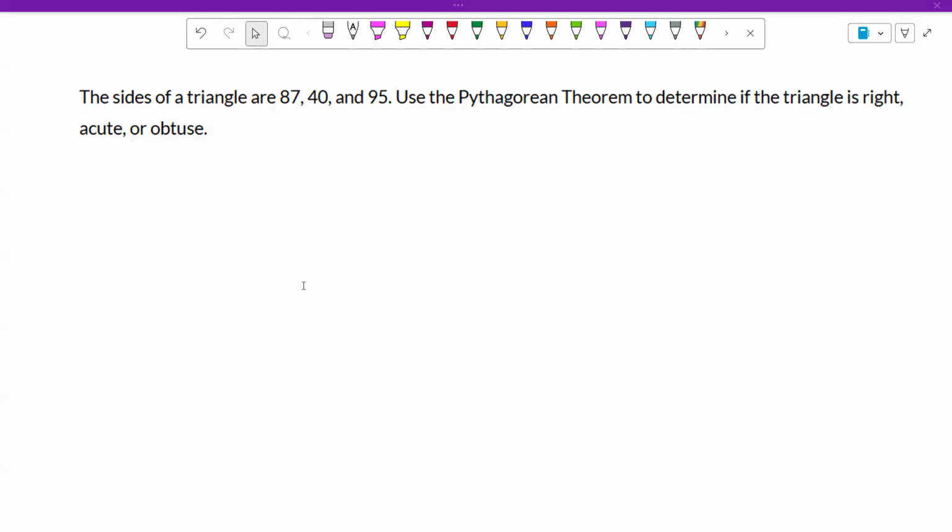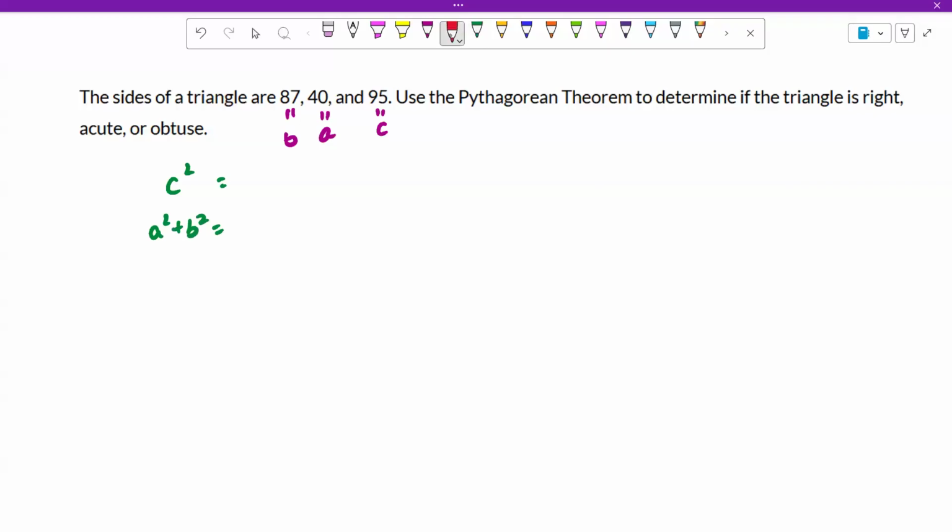Our largest side is C, and the other sides we can take any as A and B. So again we find out C square, A square, B square.